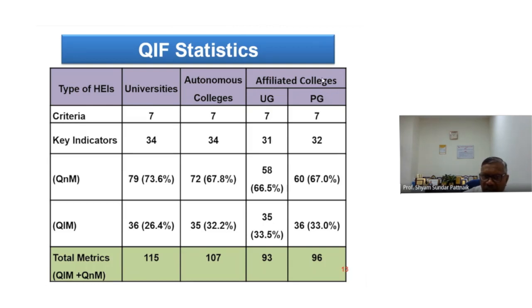So in affiliated colleges, you will have 31 key indicators, and for PG 32, and this is the distribution as you see. So therefore, total matrices maximum for the university system is 115. For autonomous college, it is 107, and for UG program of affiliated colleges, it is 93, and for PG program, it is 96.